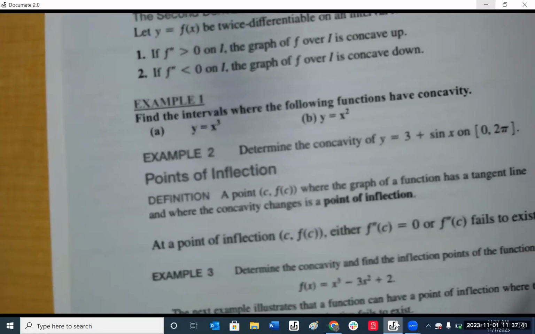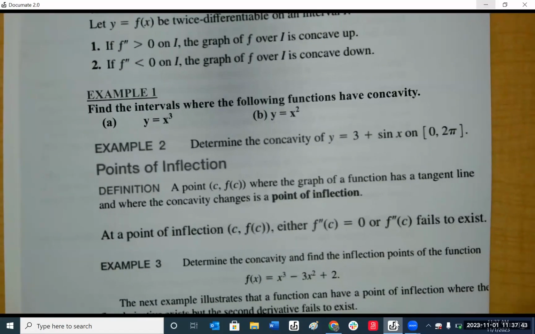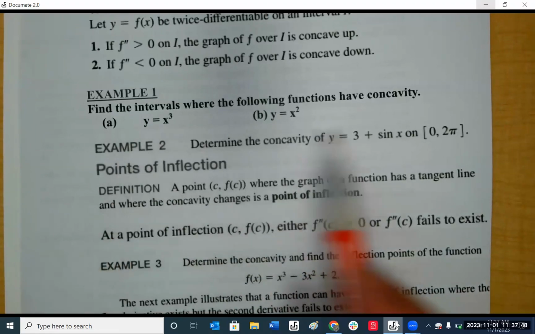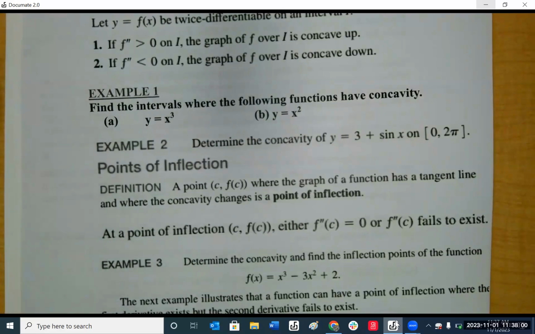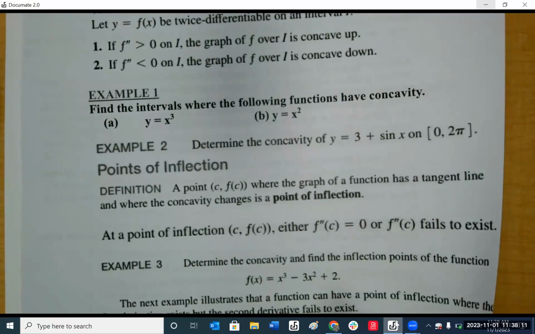Okay, I'm sorry, let me put that up there. So you write it down. Write down the first 2 examples, then we'll do those. All right, so example 1.